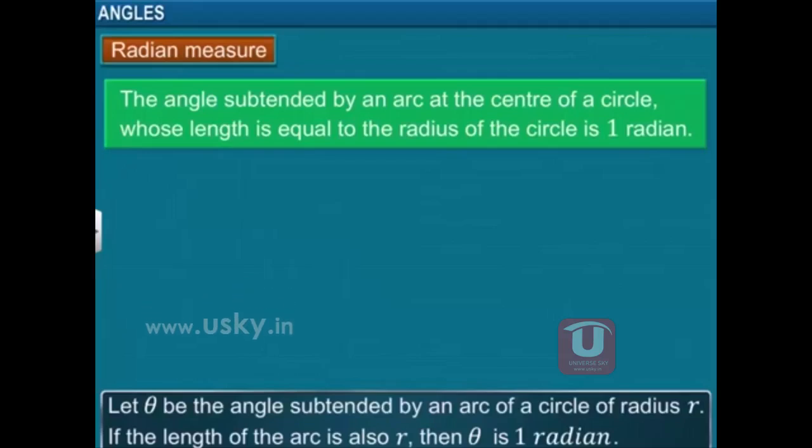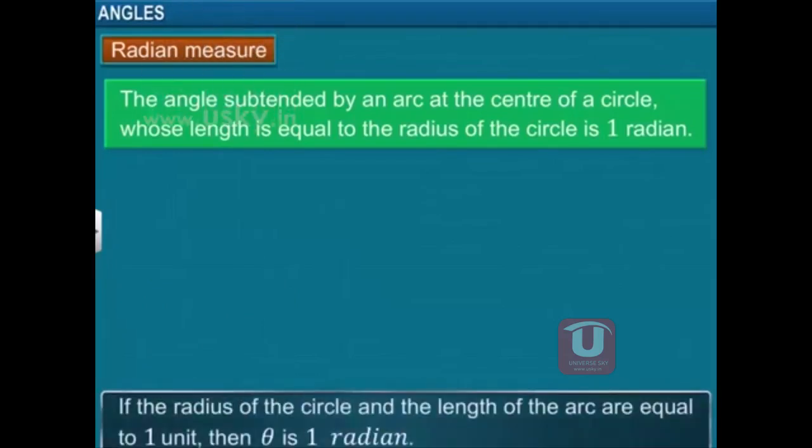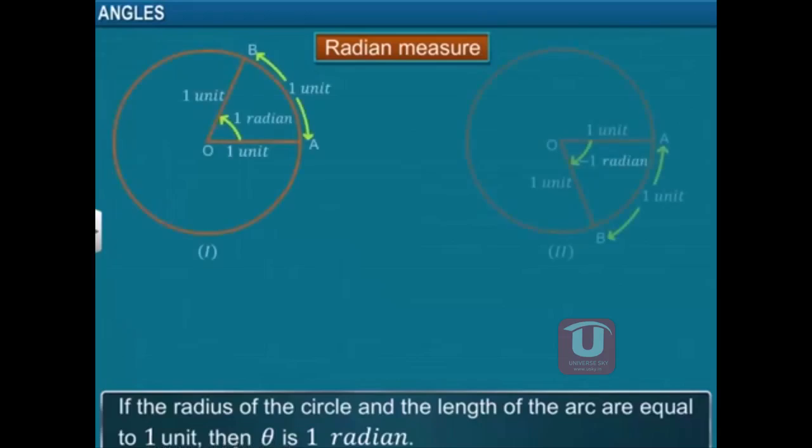If the length of the arc is also r, then theta is equal to 1 radian. If the radius of the circle and the length of the arc are equal to 1 unit, then theta is equal to 1 radian. Figure 1 here shows the measure of 1 radian, while figure 2 shows the measure of minus 1 radian.